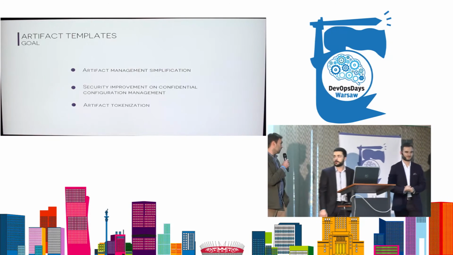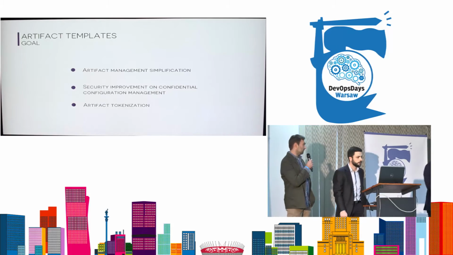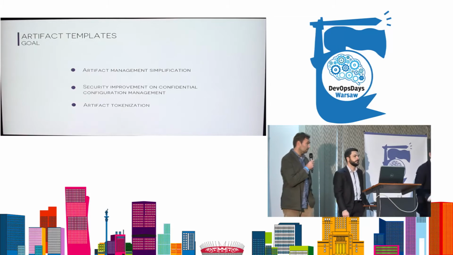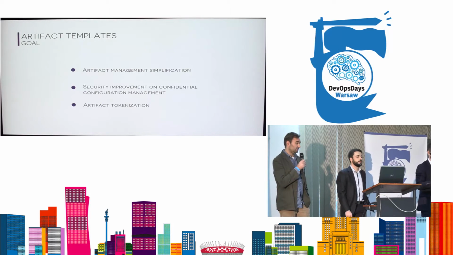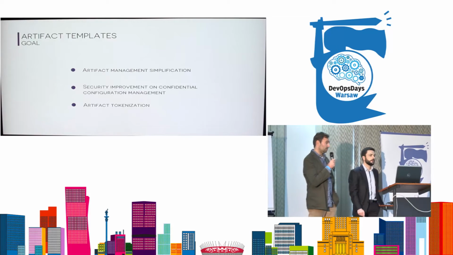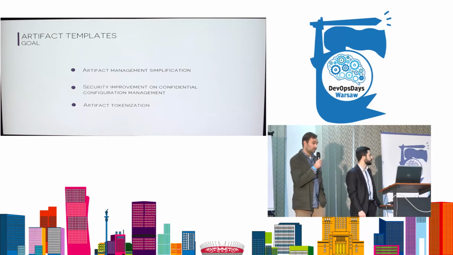Okay, so we have a goal where we're looking for artifact management simplification. That means that we are looking to separate specific artifacts which can be dynamically parameterized from the package or from the repository to a different location for further processing.